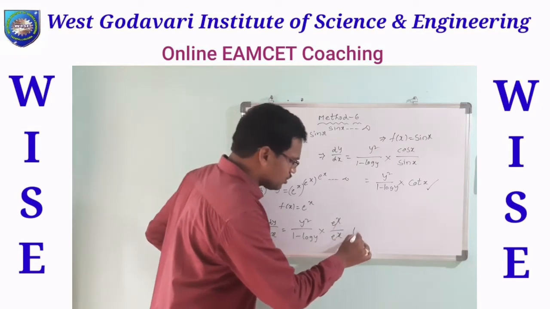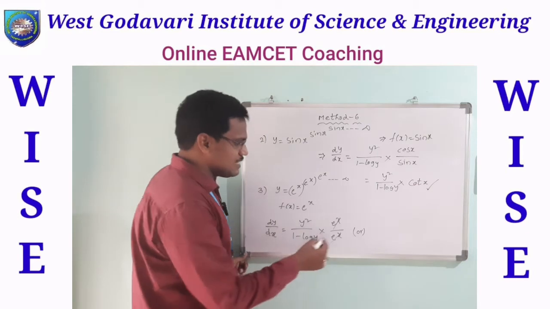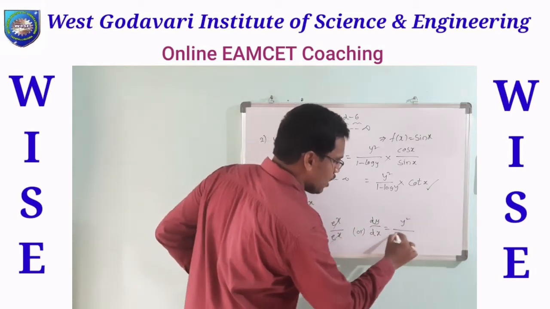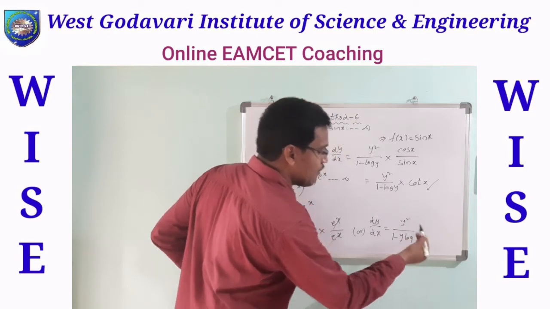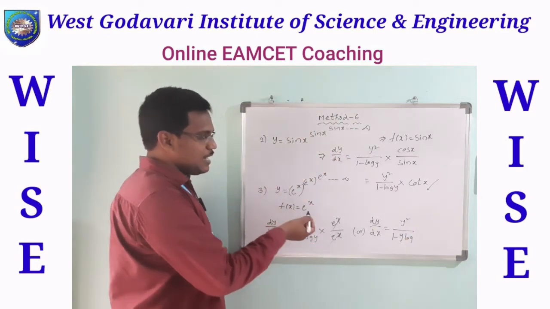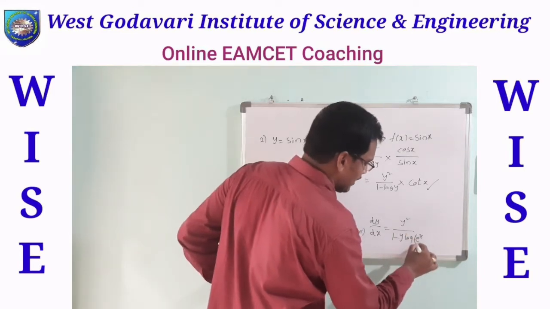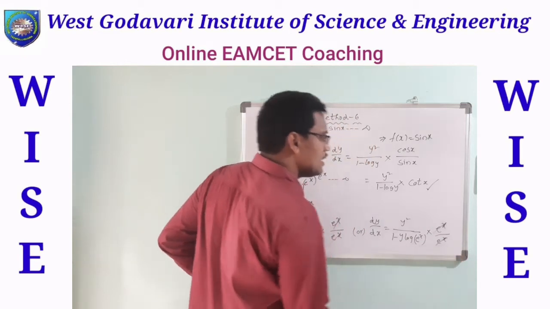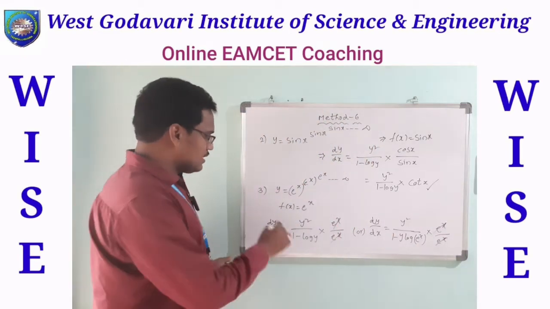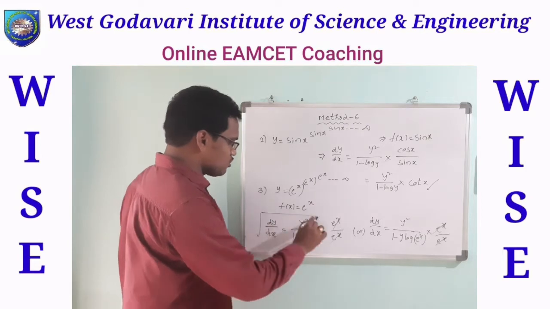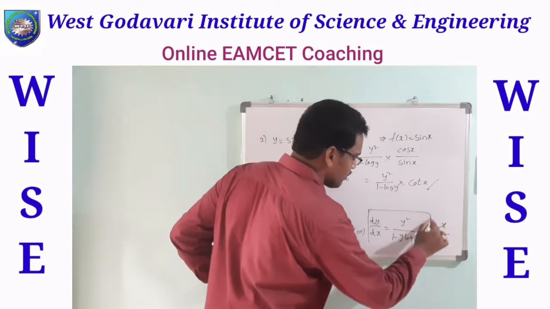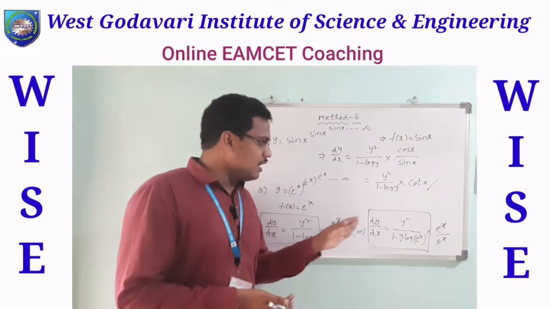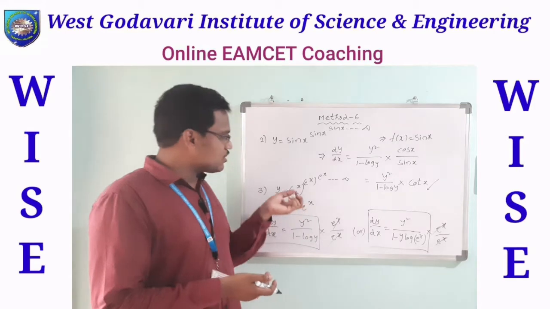Or there is another shortcut way, the same way, that is dy by dx is equal to y square by 1 minus y into log f of x. So here f of x is e power x, so log e power x into f dash of x by f of x. Here also these cancel each other. So this is also right and this is also right. Depending upon our options, we can choose the correct answer for this question.